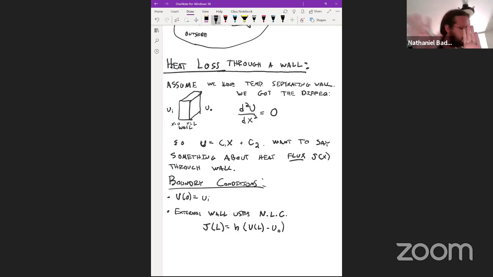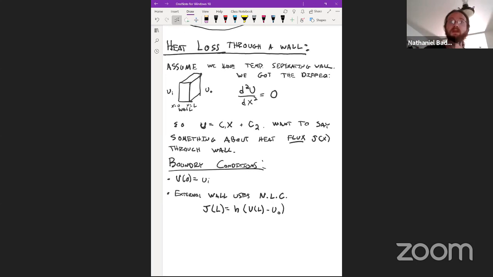We would imagine that at the boundary of the wall, since U is giving us the temperature inside the wall, heat would be flowing positively if the temperature inside the wall is greater than the temperature outside the wall. In that case, we're warm indoors, heat is flowing out, and so this should be positive. So that checks out. Or heat could be flowing the other way if the outside temperature was higher. That would just mean that we'd have negative heat flux, with heat flowing into the house. Any other questions?